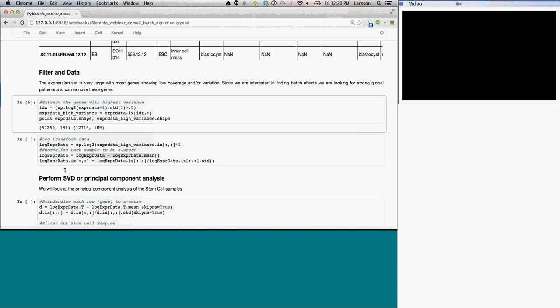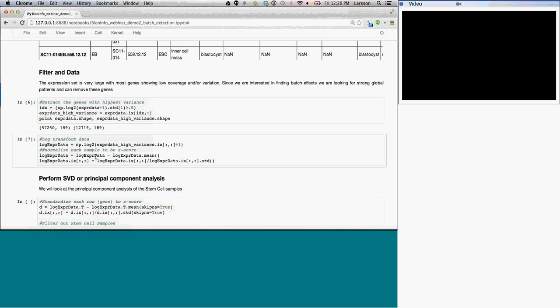And again here, with the new high variance data, I'm doing a log transform, and then I'm going to normalize each sample. I'm doing the log transform since they're FPKM, which are always going to be positive numbers. I'm mean centering them so the variance is around 0, and then I'm also dividing by the standard deviation to basically turn these into z-scores, so that each gene is now represented by a z-score.